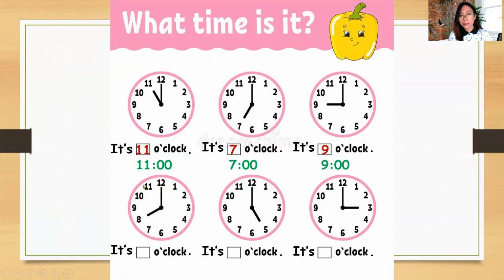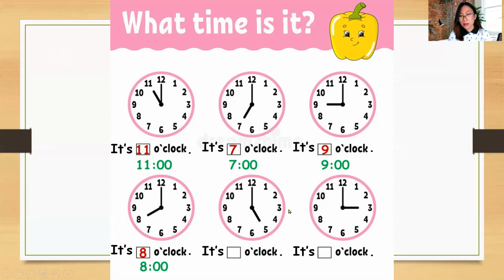Let's go down. What time is it? What number? It's 8 o'clock. Good. And we write it as 8 followed by 2 zeros.